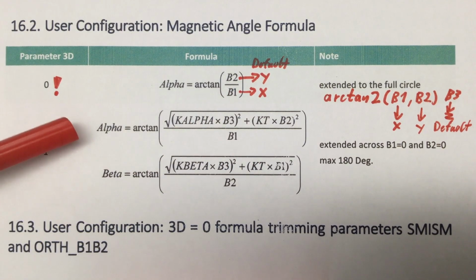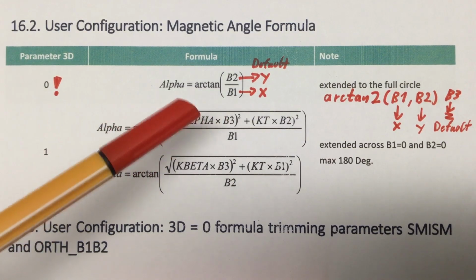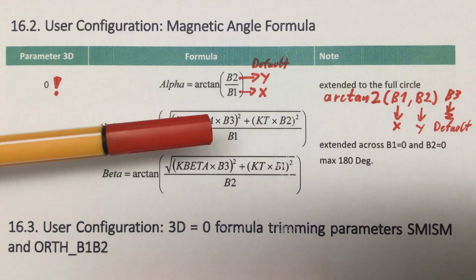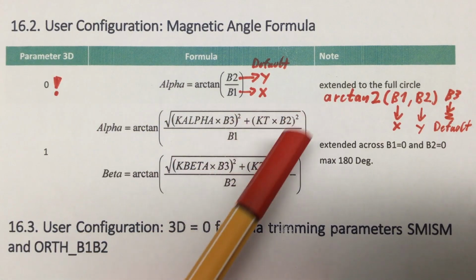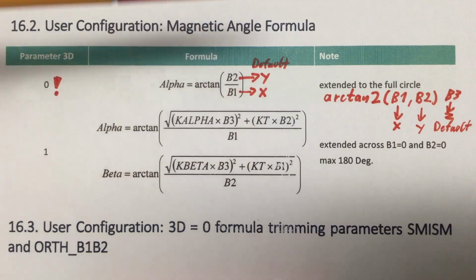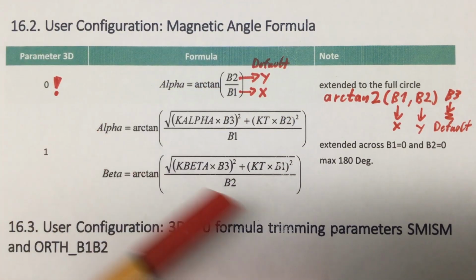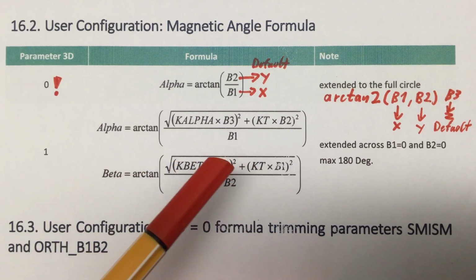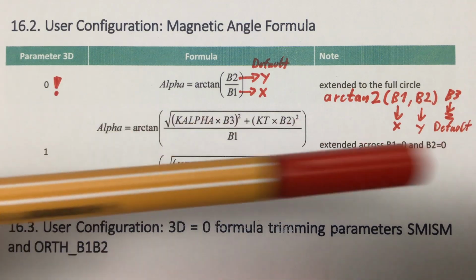Within the formula for the alpha angle, KALPHA scales our B3 signal, that's by default the Z signal, in relation to the B2, so by default the Y signal. And within the formula for the beta angle, KBETA does the same, but in relation to the B1 signal, that is by default the X signal.